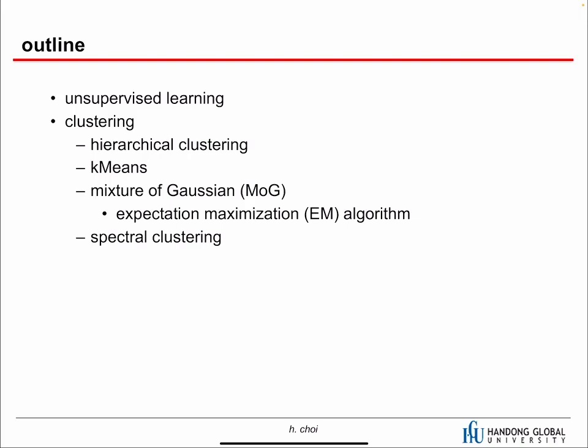In clustering, there are many machine learning algorithms, and in this chapter we're going to cover just four: hierarchical clustering, k-means, a mix of Gaussian, and spectral clustering. When we talk about the mix of Gaussian, we're going to learn the expectation maximization (EM) algorithm, because the EM algorithm is a really famous and important learning algorithm in machine learning.